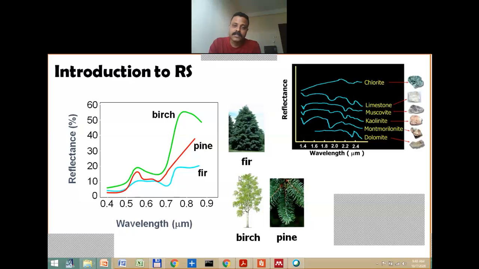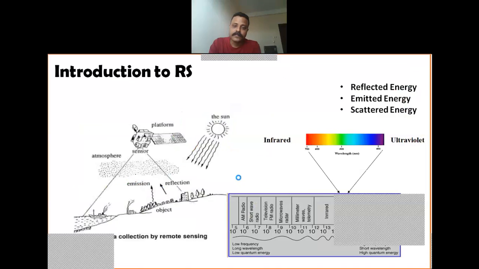Look at this slide, look at these numbers. On the right-hand side, this is 400. On the left-hand side, this is 700. In between, this is 500. What color is this? This is green. It means normally if you see anything in green color, it is likely to be in and around 500 nanometer.